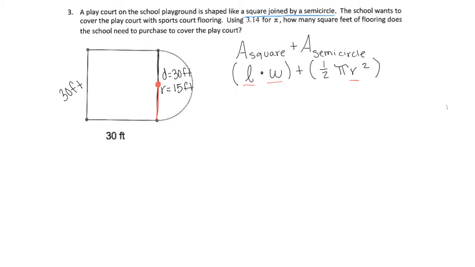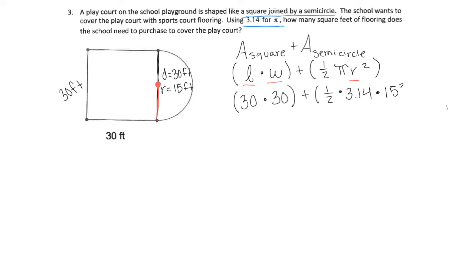Now let's go ahead and substitute these values in. I know that my length is 30. I know that the width is 30 plus 1/2 times pi. Well, this time we're not using in terms of pi. We are using 3.14 for pi. So let's substitute 3.14 in for pi, times our radius of our semicircle, which we know is 15.